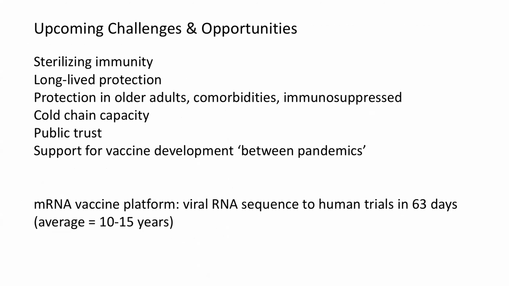All right, so I'm going to wrap up here with some upcoming challenges and hopefully a silver lining. The first challenge I haven't mentioned yet is sterilizing immunity. This is really going to affect whether herd immunity by vaccination is effective or not. Sterilizing immunity just means that a vaccine would prevent a person from becoming infected, so they couldn't transmit the virus.